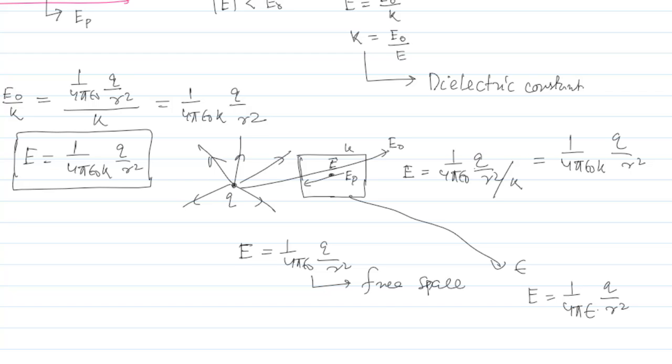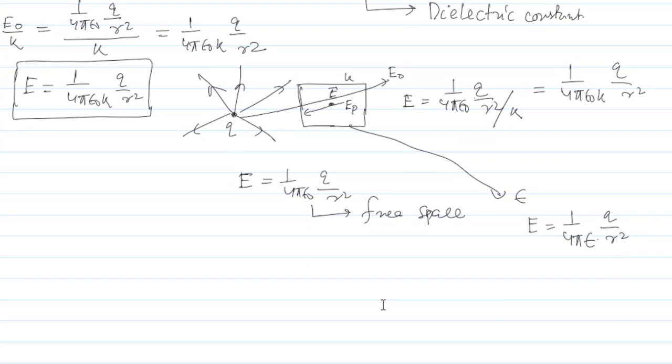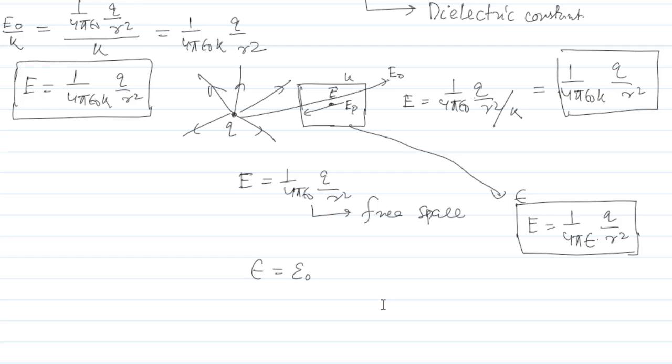Now let's compare these two. In the second expression, this is the expression of electric field inside that dielectric. And here again, this is the expression of electric field inside the dielectric. If we compare these two, then you can see epsilon equal to epsilon naught into k.